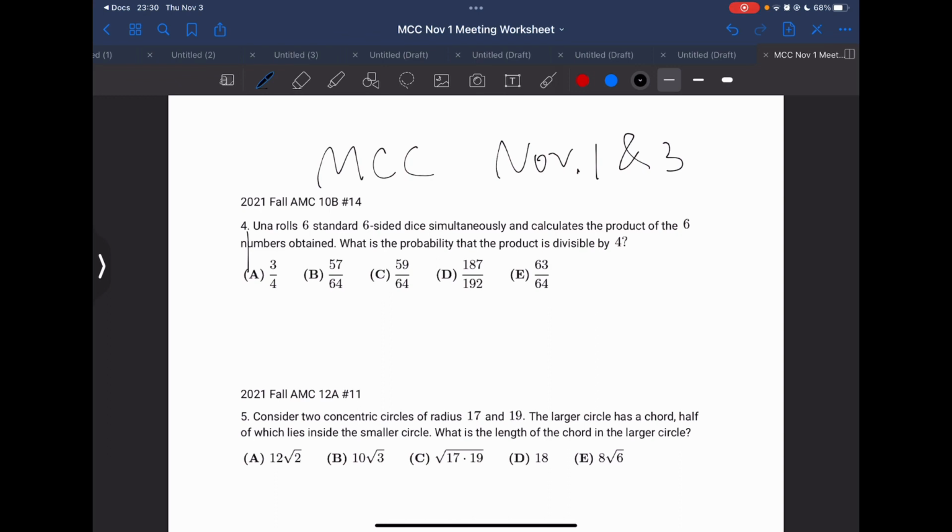So Una rolls 6 standard 6-sided dice simultaneously and calculates the product of the 6 numbers obtained. What is the probability that the product is divisible by 4? So we need to think about when a number is divisible by 4.